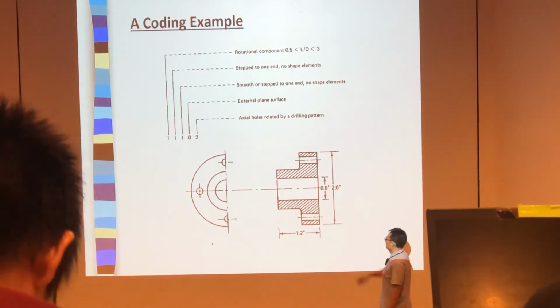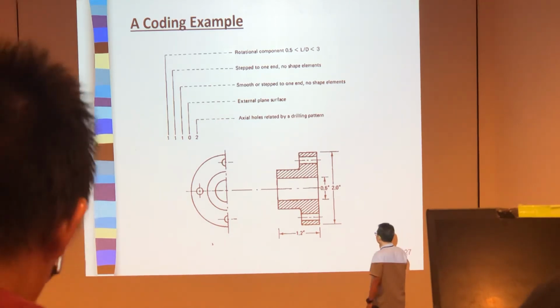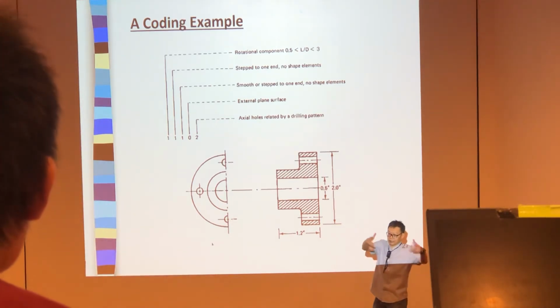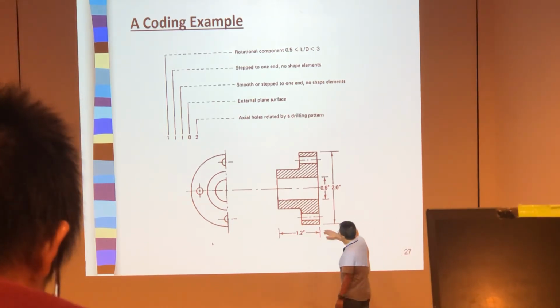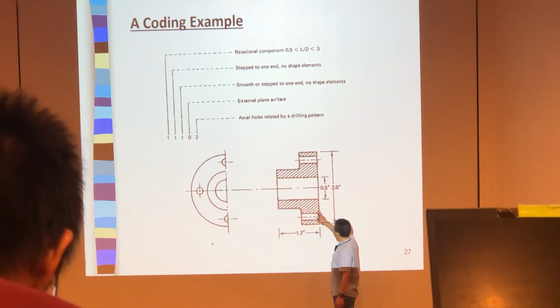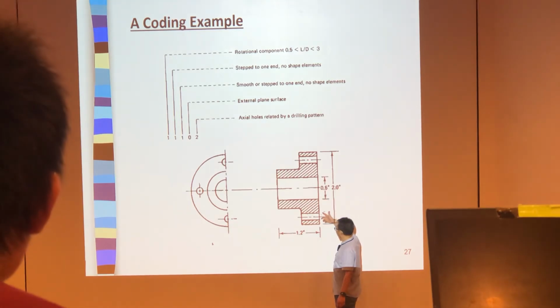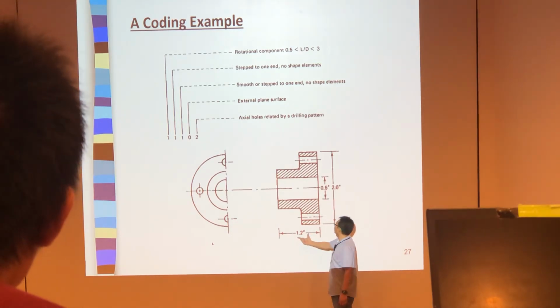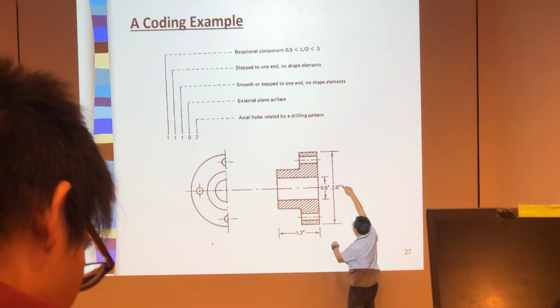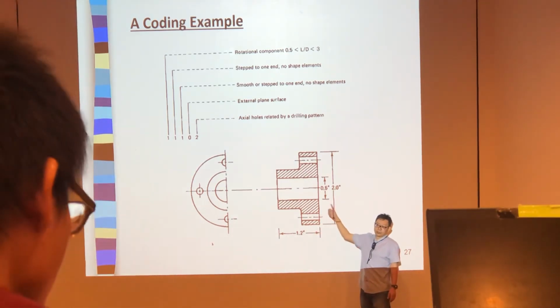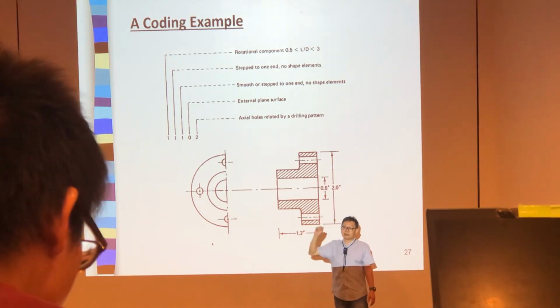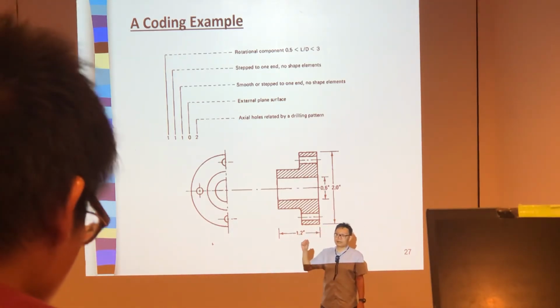For this one, first 5 digits. The first digit, you can refer to the table with the 5 digit descriptions. Certainly this is a rotational part, the overall length 1.2 inches, overall diameter 2.0. So 1.2 over 2 is 0.6. 0.6 is larger than 0.5, less than 3.